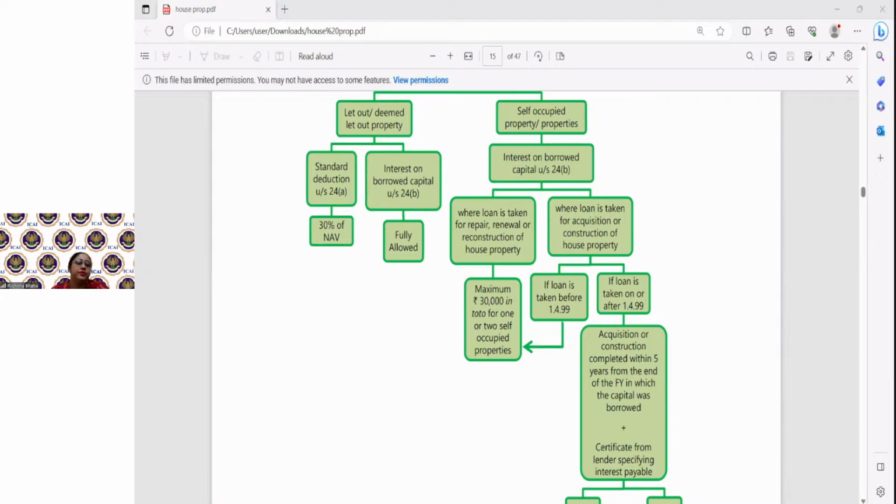Tell me the maximum interest which would be allowed in this case. Maximum deduction, okay, under section 24B. Every figure is on your screen.